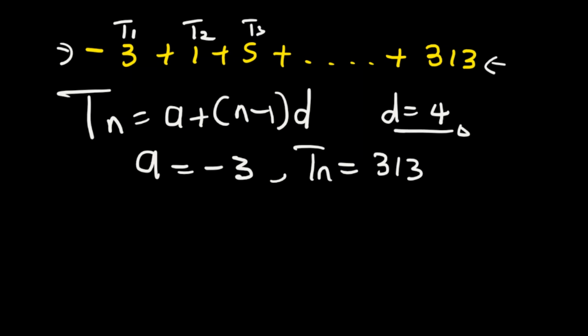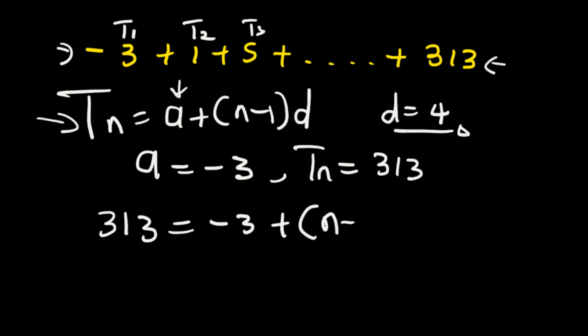So we're just going to substitute here: 313 equals minus 3 plus (n minus 1) multiplied by 4. Remember, we are trying to find the number of terms of this series.